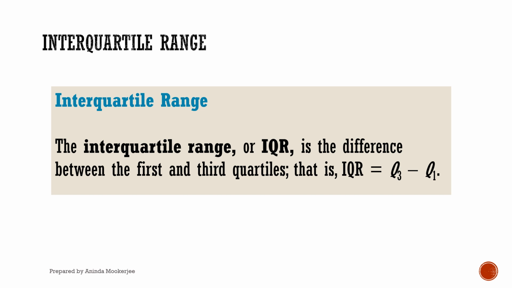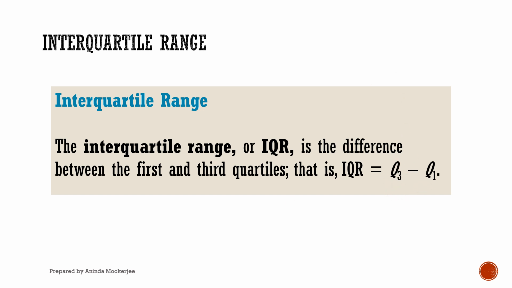Now, after we find our quartiles, we can take some simple measurements from the quartiles. The first of those is the interquartile range. The interquartile range is nothing but the difference between the first and the third quartile. So the formula for it is Q3, that means quartile 3, minus quartile 1.